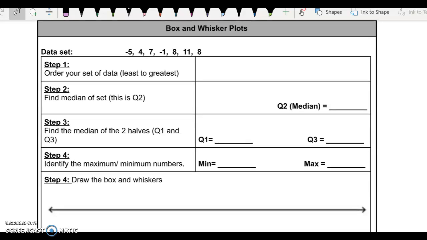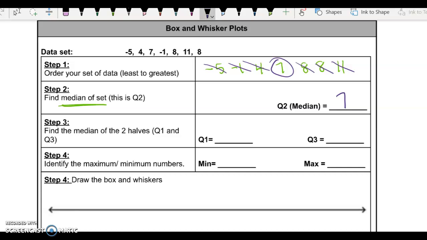So now we need to take all of this and we are going to practice doing a box and whisker plot. So again, we are going to put our numbers in order from least to greatest. So we have -5, -1, 4, 7, 8, 8, and 11. Find our median. So we cross off until we find our middle number, which we said was 7.